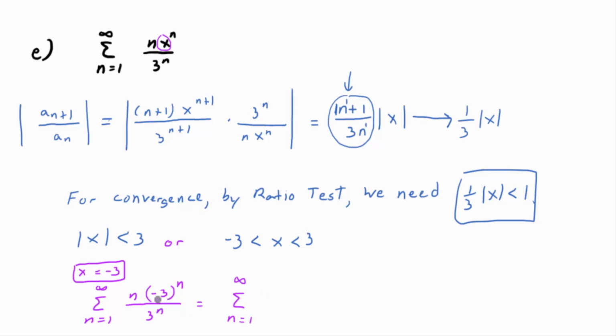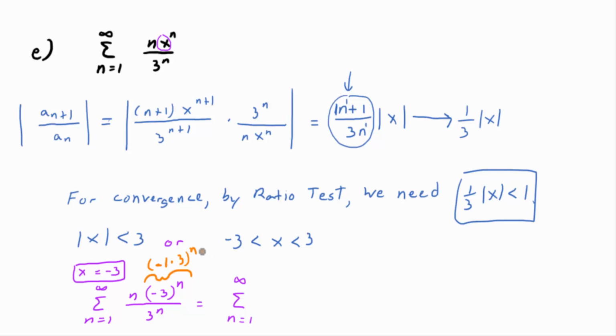Well, couldn't you think of -3 to the n as, a little bit of scratch work here, couldn't you think of this guy as (-1 times 3) to the n power? And then you can split up the exponent over multiplication, not over addition or subtraction, but over multiplication and division.